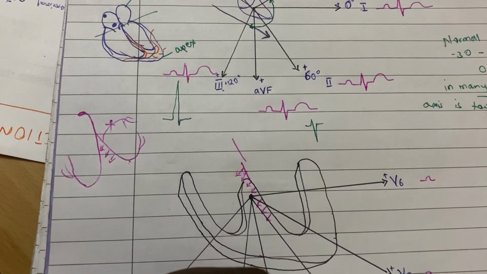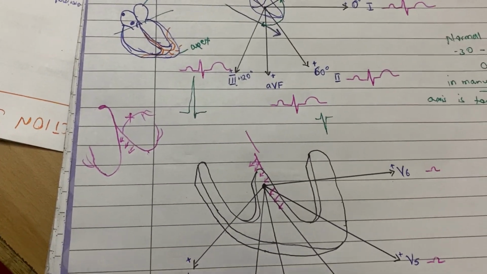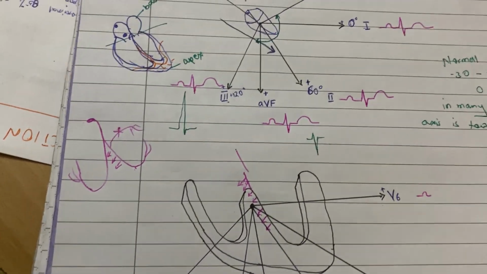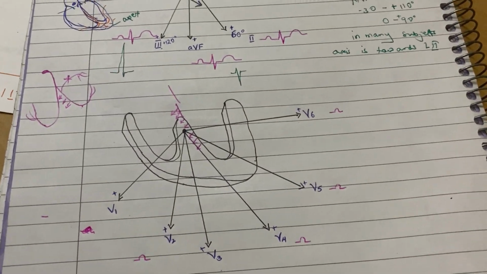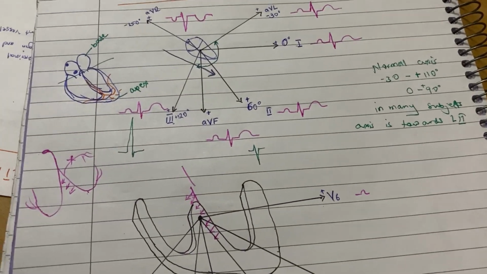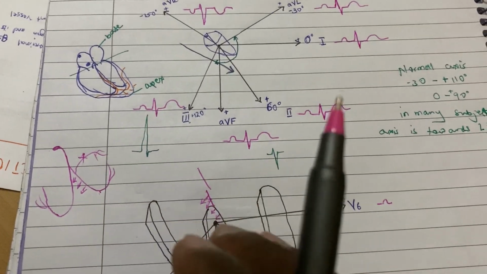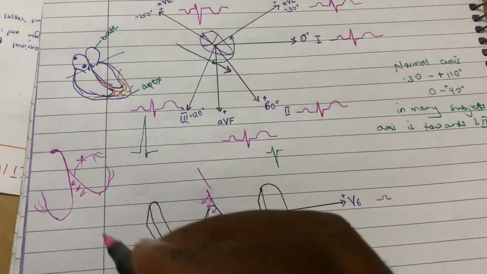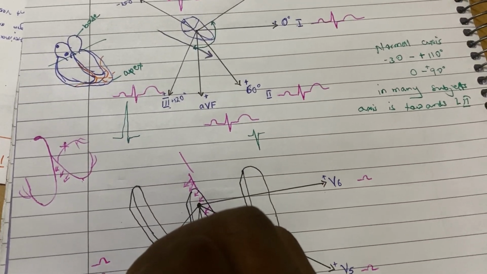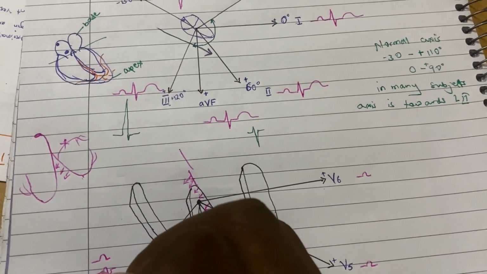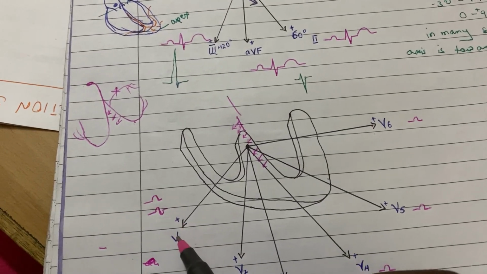Now in V1, the left and right atrium are positioned differently. The left atrium is behind, and the right atrium is a bit anterior. So in V1 the P wave can be monophasic like that, fine, but it can be biphasic, like this or this.